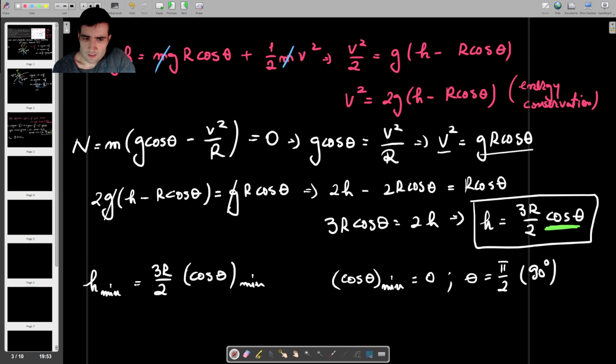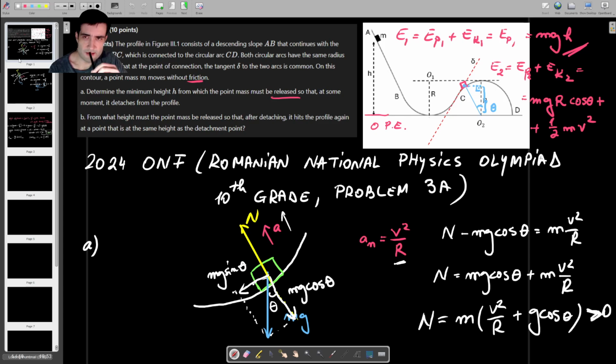And now we have to think, can we use this in our example? Well, in our example, there's something interesting going on, because this object can go down to a theta value of 0. So when the object is here, theta is 0 and the cosine is 1, which is not really what we want.